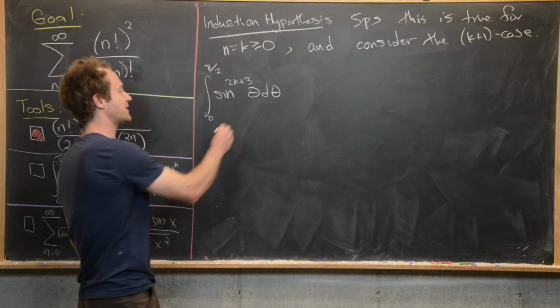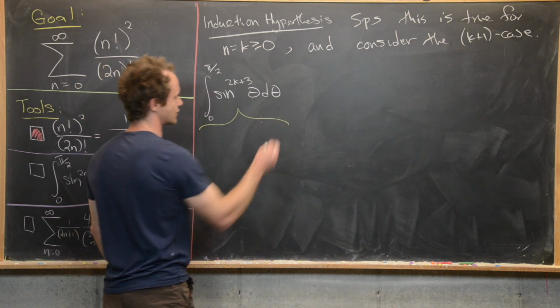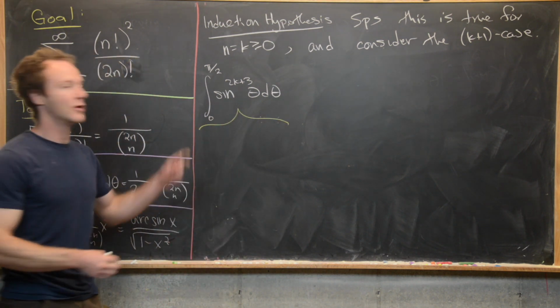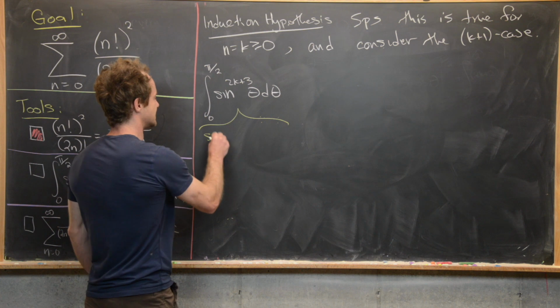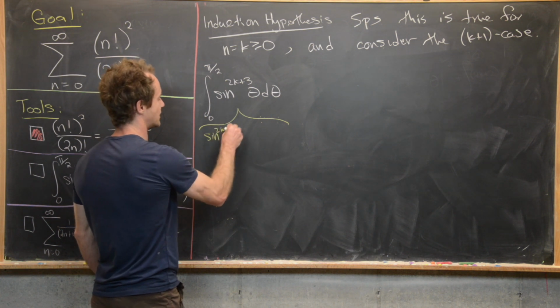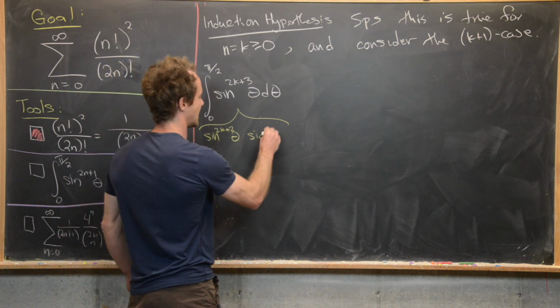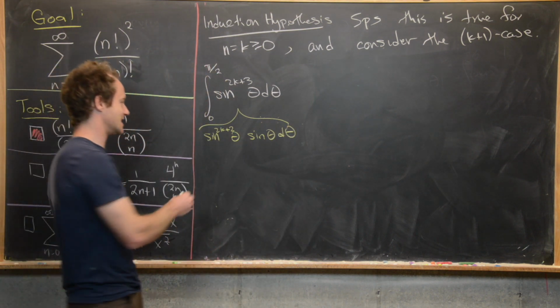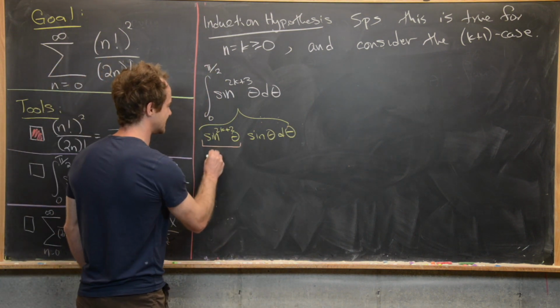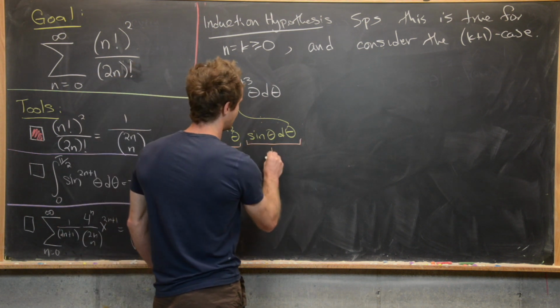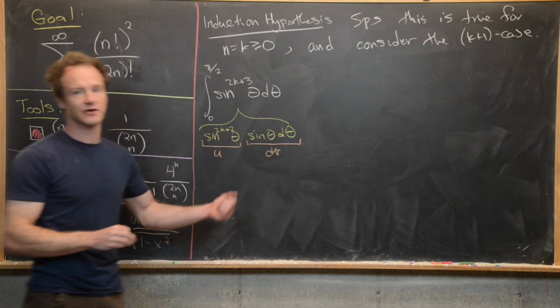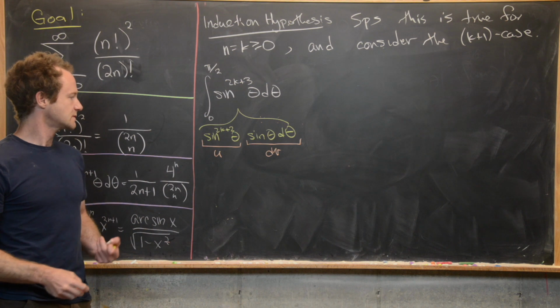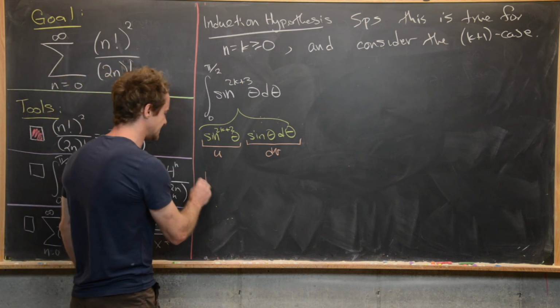Now we want to split this up into parts and use the integration by parts formula. So what I will split this up into will be sine of 2k plus 2 theta times sine of theta d theta. That gives me a hint that perhaps I'll use this as my u and this as my dv in the integration by parts formula. But now I need to calculate du.